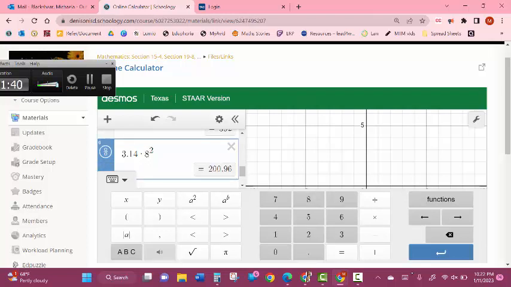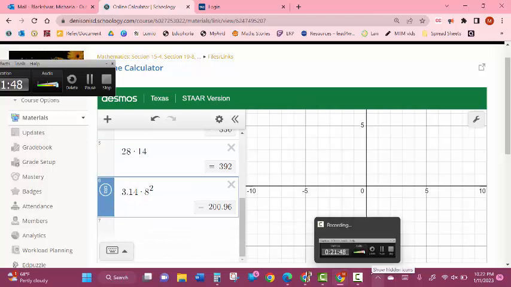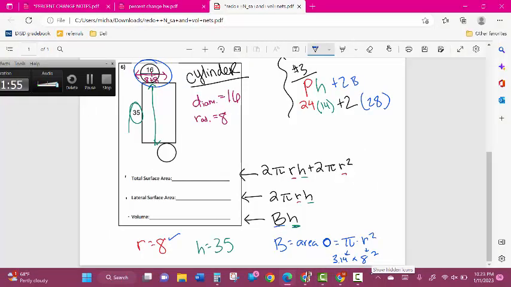It's an approximation for pi. So we did almost pi times the radius 8 squared. And that is 200.96. So the area of the circle base is 200.96, or big B is 200.96.